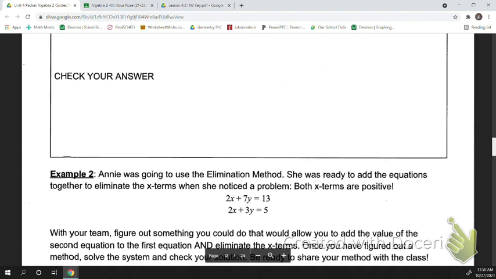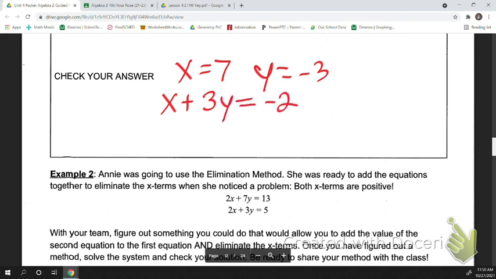We check by plugging in our x and y into one of the equations. So again, x was 7, y was negative 3. I'm just going to pick the top equation, and I'm going to replace x and y with my values and see if it's true. That's how you check an equation.